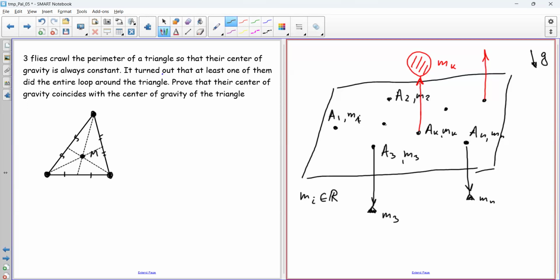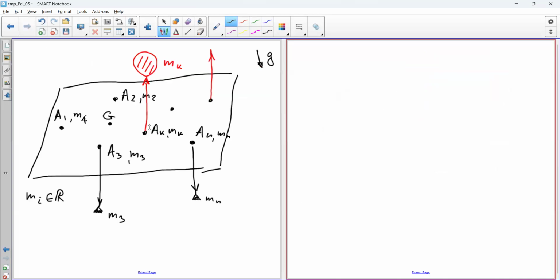And then what is the gravity center G? The gravity center G would be a point which may be defined in two particular ways. So definition one.